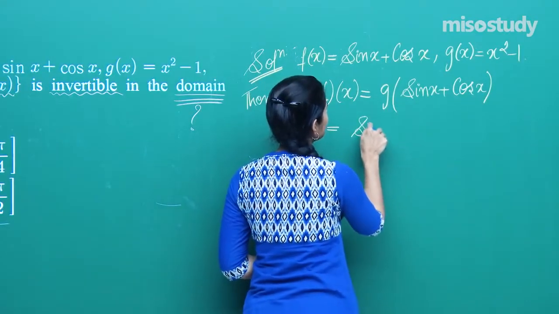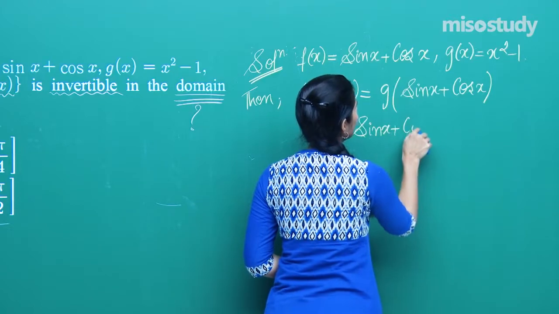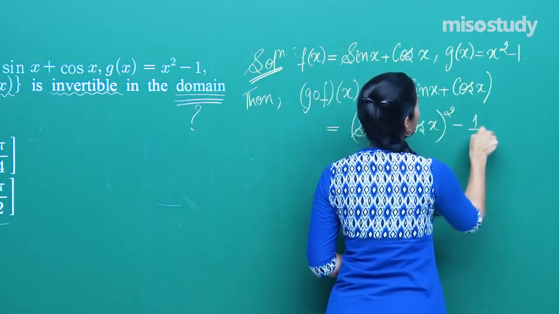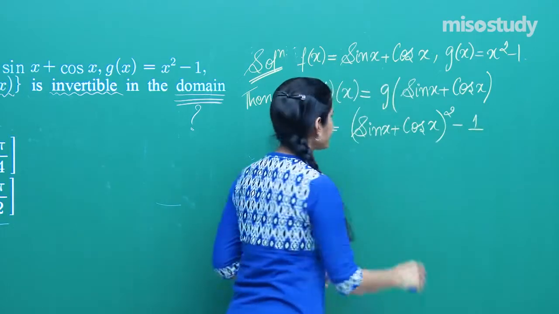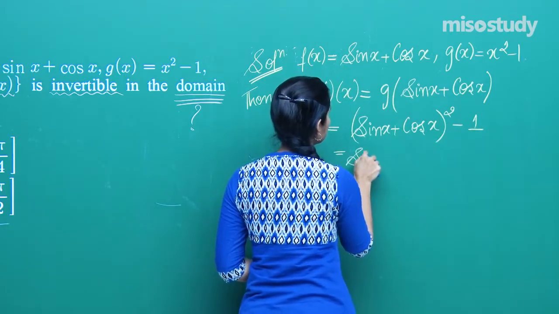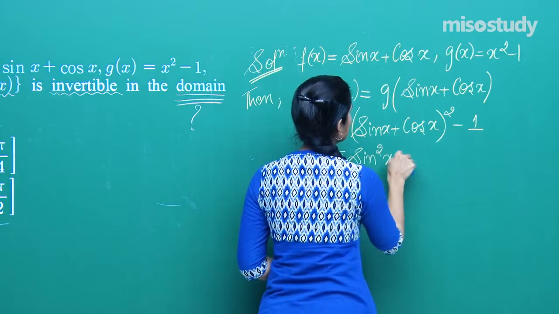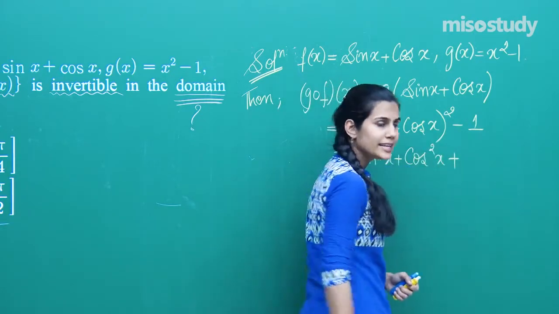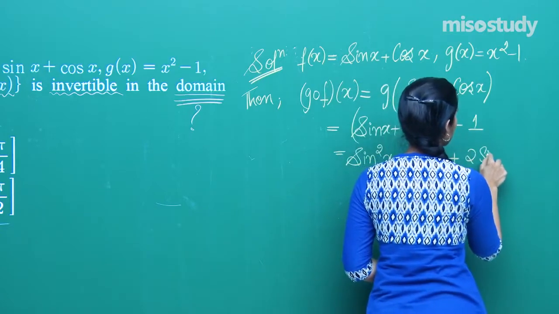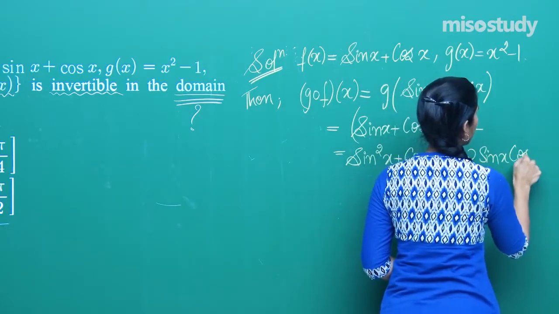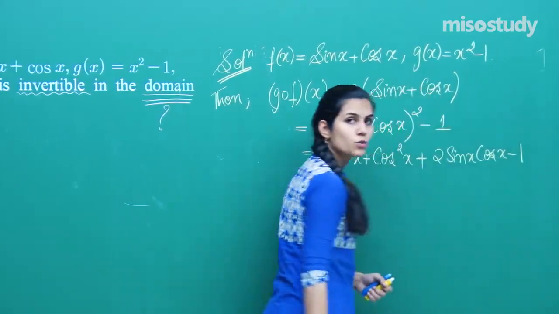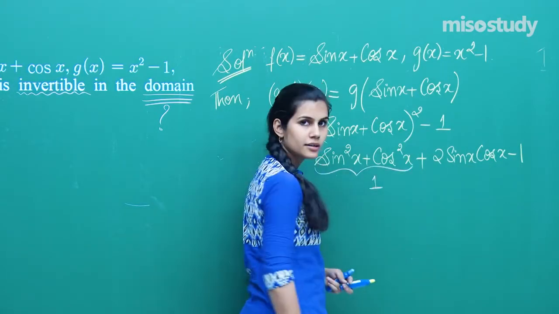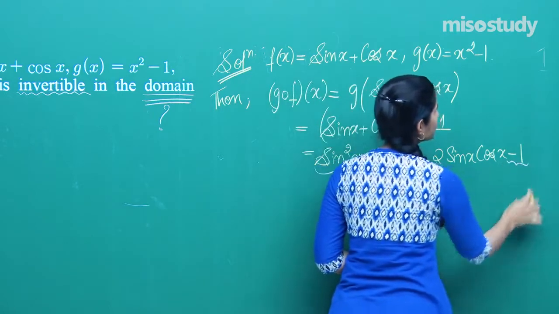So it is (sin x plus cos x) whole square minus 1, which is nothing but sin square x plus cos square x plus 2 sin x cos x minus 1. But sin square x plus cos square x is 1. You already have minus 1 here.